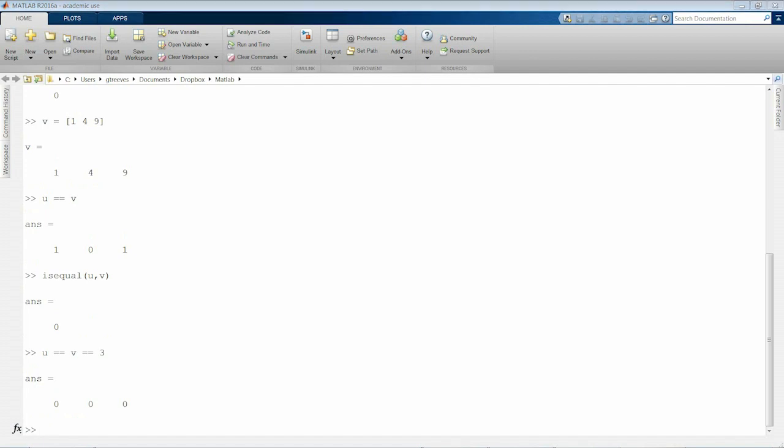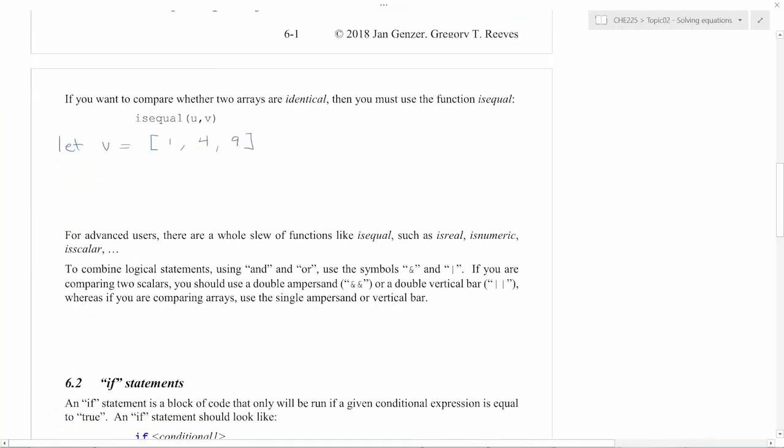So usually when you're trying to combine two different kinds of questions, so u equals v or u equals 3, if you want to combine those two answers, you use the AND symbol or the OR symbol. And the AND symbol is like what you would expect, a little ampersand.